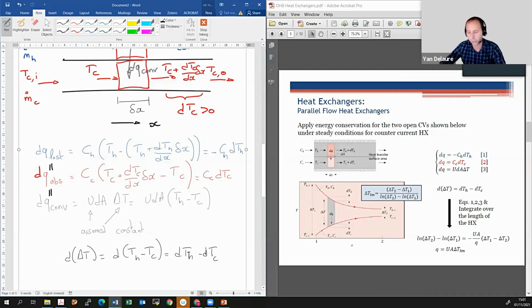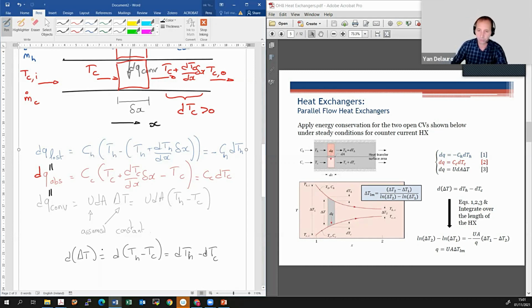The differential of the hot temperature and the differential of the cold temperature. So how does the hot temperature change as you move along the line, and how does the cold temperature change as you move along the line or the interface between the two? That's just a mathematical equivalence.